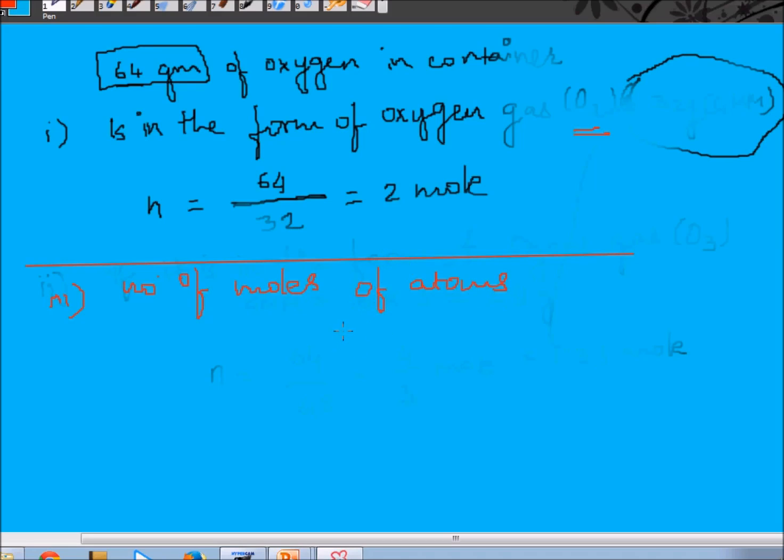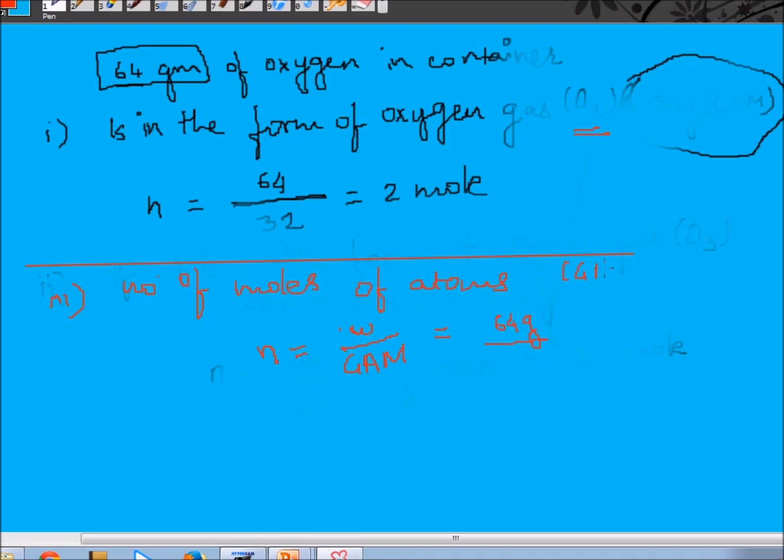So, gram atomic mass. We know that the number of moles of atoms is given mass, let's represent it by W, divided by gram atomic mass. Given mass is 64 gram, it is the same; given mass cannot change, conservation of mass.